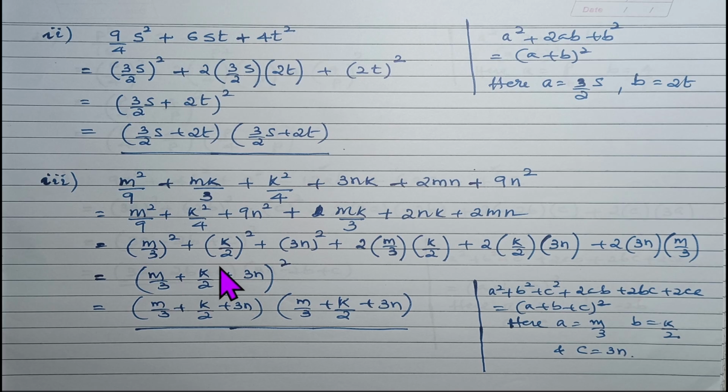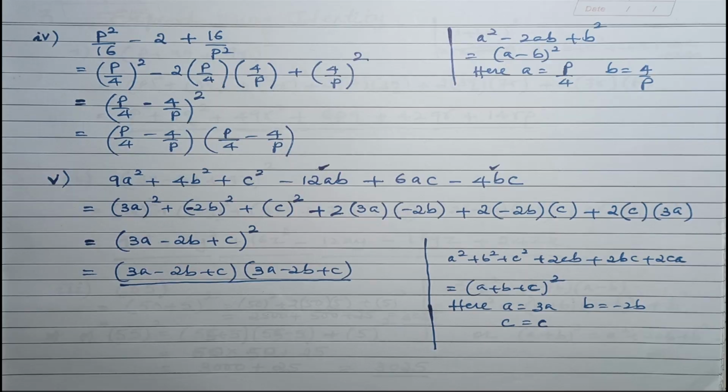Therefore it is the square of a plus b plus c whole to square, where a is m by 3, b is k by 2 and c is 3n. Therefore it is m by 3 plus k by 2 plus 3n whole to square, and the factors are m by 3 plus k by 2 plus 3n into m by 3 plus k by 2 plus 3n. So that is how we use an identity to find the factors.